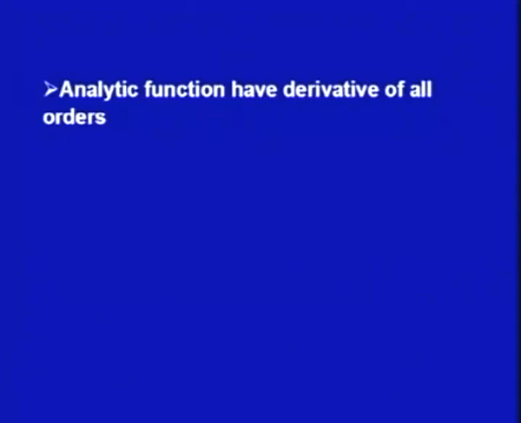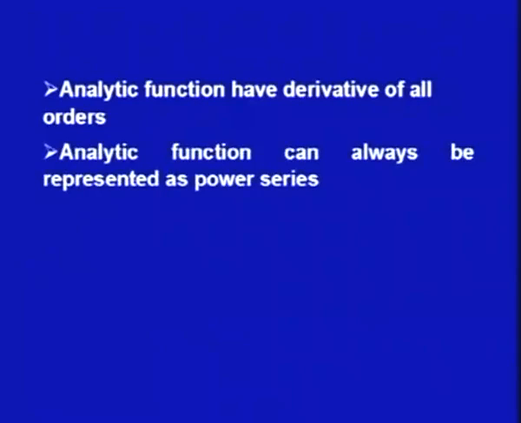By this I mean to say that analytic functions have derivatives of all orders. That is why we can represent it as a Taylor series, because we have to calculate different b_n's, and b_n's are evaluated in terms of derivatives.